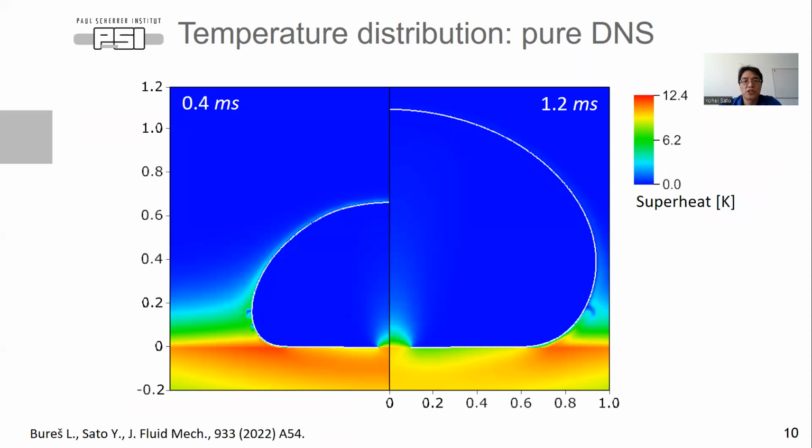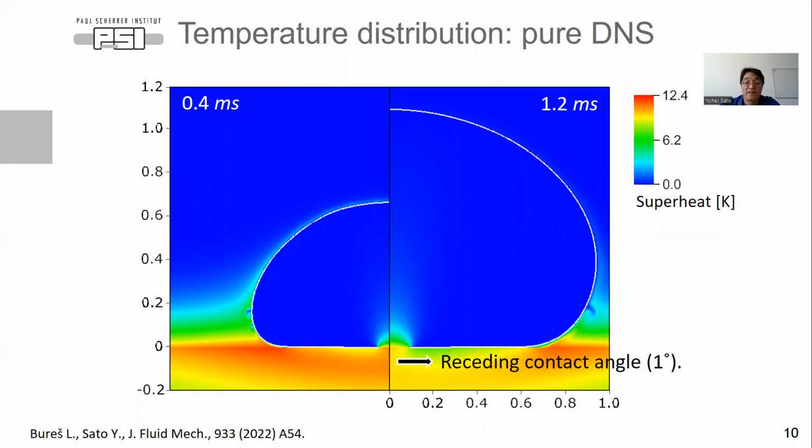Here I want to show one example of temperature distribution based on pure DNS. Here you can see the hot spot, and the vapor phase temperature is higher than the saturation temperature. And here it's difficult to see, but there is a micro layer directly captured with the simulation.